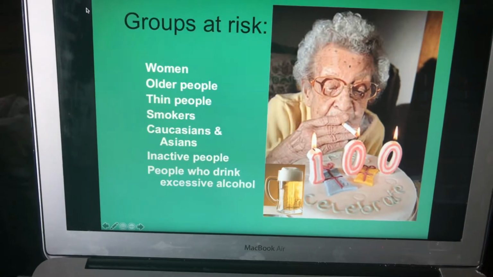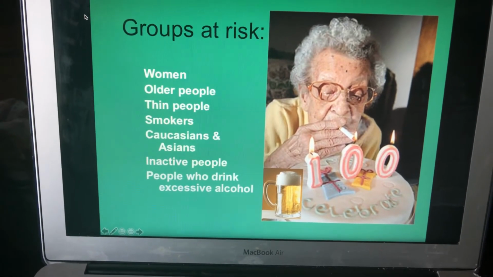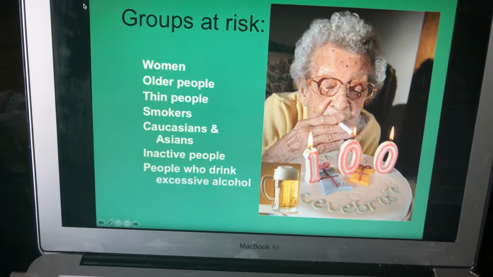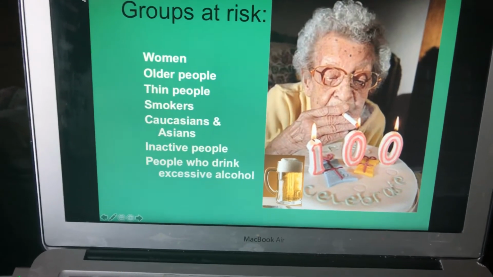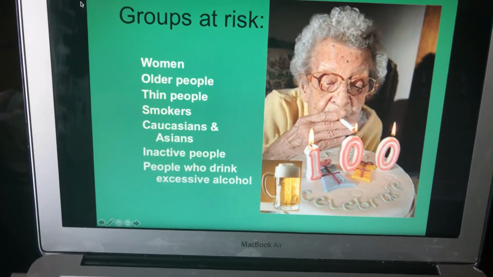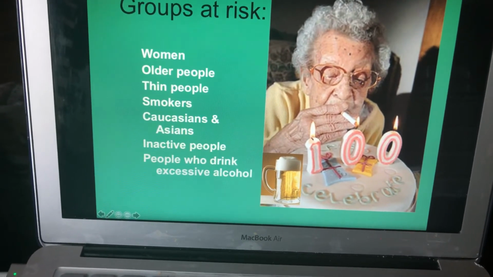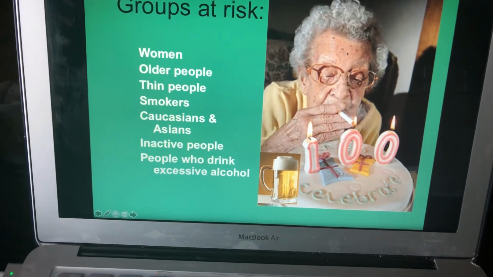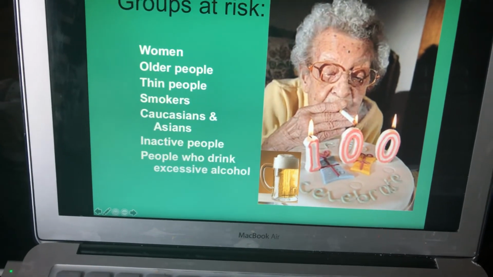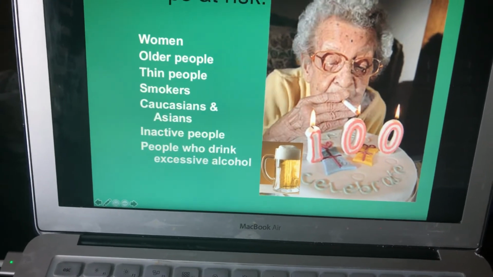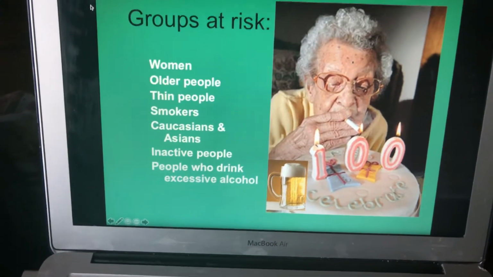Thin people, because weight actually stimulates bone mineralization. People who smoke, Caucasians and Asians are at higher risk than other ethnic groups. People who are inactive, because if you don't use bone, you lose it. People who drink excessive alcohol, because calcium is lost in the urine.